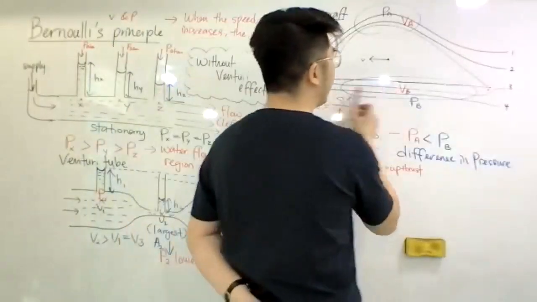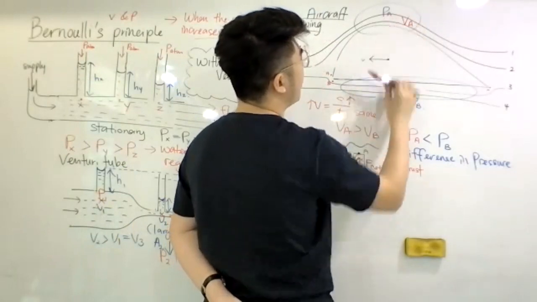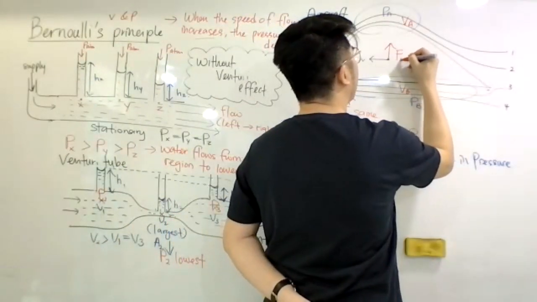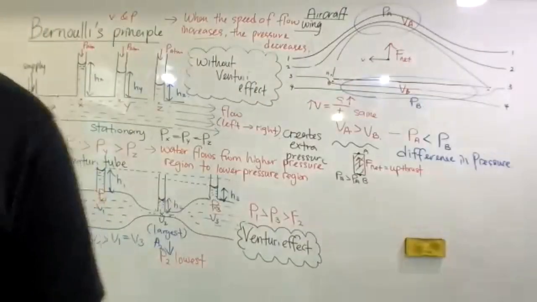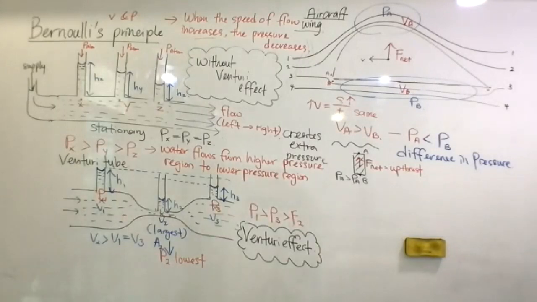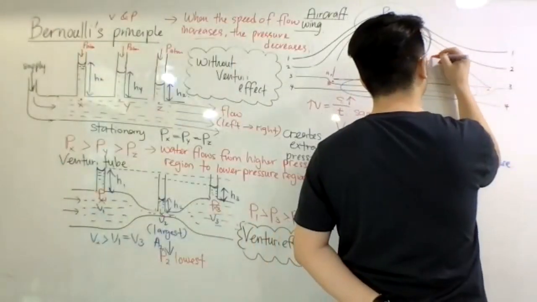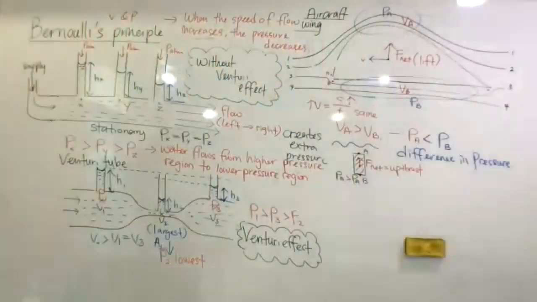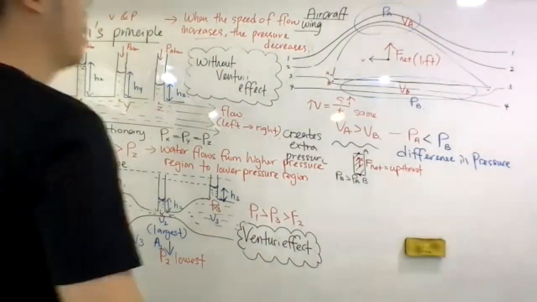Same thing happens here. Here, you have greater pressure. This is lower pressure. So you will have a net force upward. You can call it upthrust, but generally we give it a term. We call this the lift. And that is how the lift is produced. That is how the lift is generated. Okay?